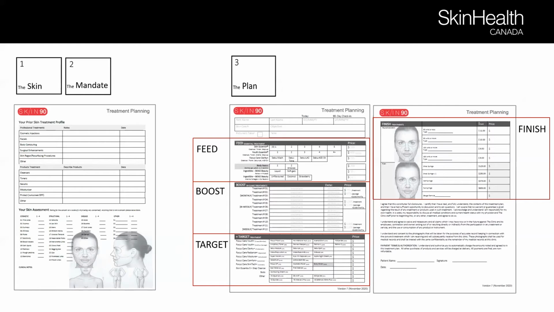And lastly, the finish element, which is prescribing injectables when and if needed. What's important to note through the Skin90 process is that it's laid out in a very prescriptive way, and the form and the process is meant to be followed from start to finish in a very specific order, which is a bit different.